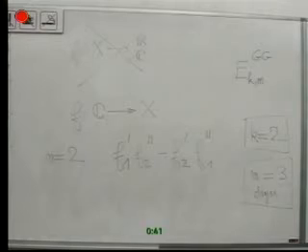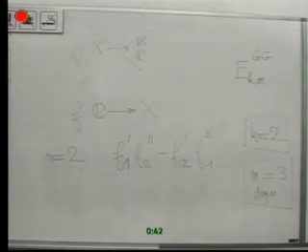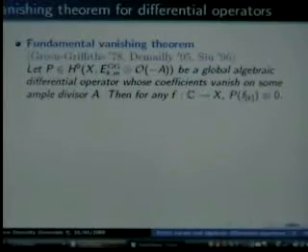And now we come to the fundamental vanishing theorem. If you have a global algebraic differential operator, P, which is everywhere defined and everywhere holomorphic, but you assume that its coefficients vanish on some ample divisor, so you assume that there exists a divisor A on which the coefficients of your operator vanish, and you assume that this divisor is ample.